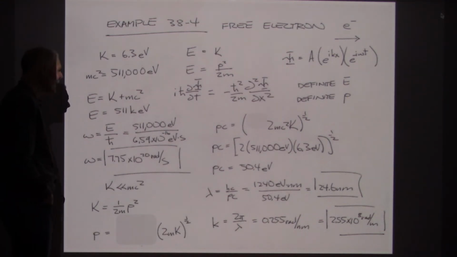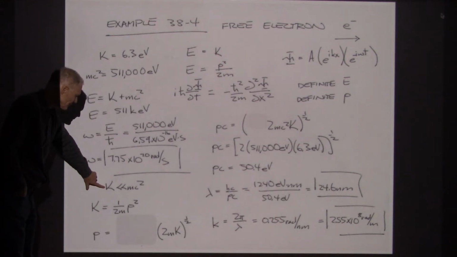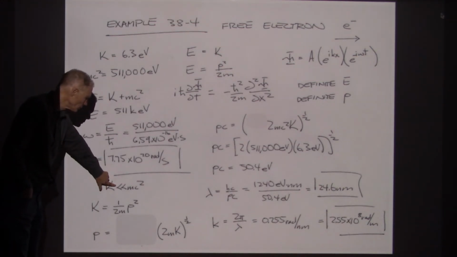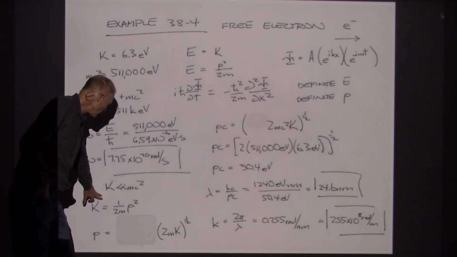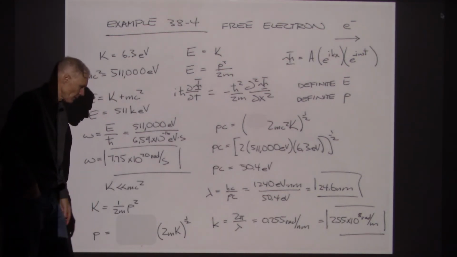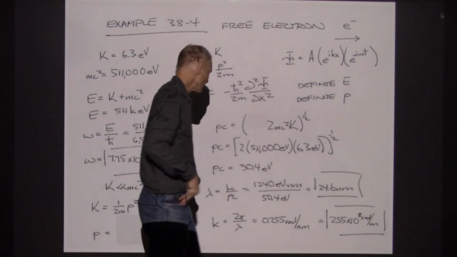Okay, now what about the momentum? Because the kinetic energy is so low compared with mc squared, we don't have to use relativity here. Instead, we can use classical formulas where the momentum is given by (2mK) to the 1/2.